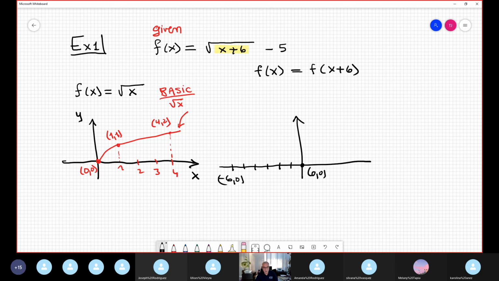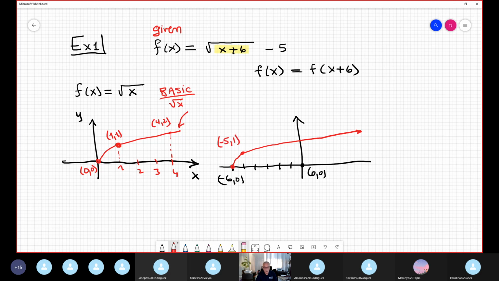That means our curve starts here, not at 0, 0, but at -6, 0, and opens exactly the same. Wait, Professor, what's going on with the point 1, 1? When it moves 6 units to the left, the x component 1 becomes -5. So that point is -5, 1.